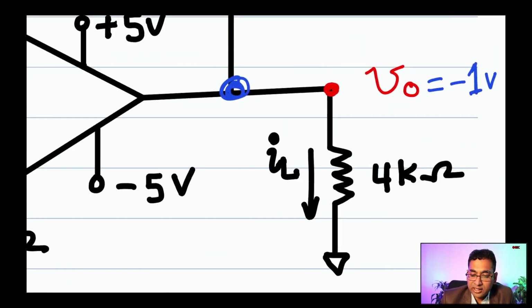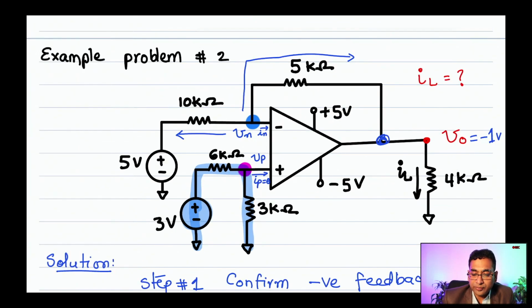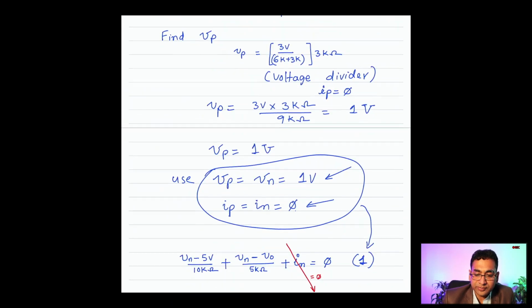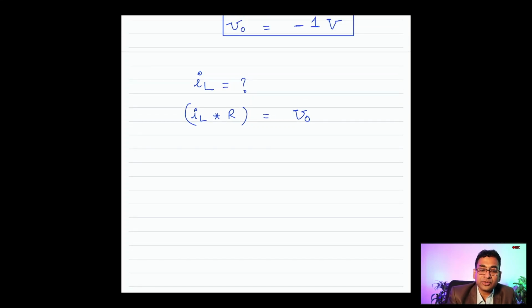So 4 kilo ohms multiplied by the current, the voltage is given by the product of current and the resistance, right? So we have a value for R which is 4 kilo ohms, multiply that by IL, and we just found out the value of Vo to be -1 volts.